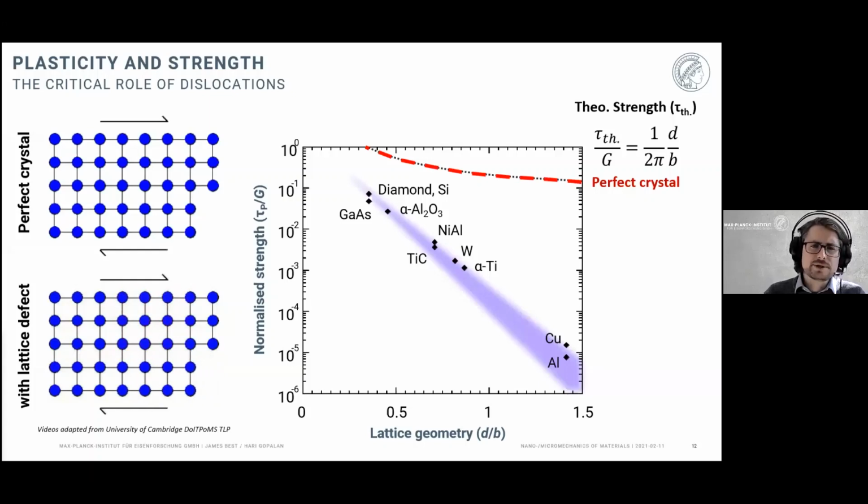And maybe you can imagine that it's much easier to move those defects through the structure than it is to continuously be breaking bonds across that slip plane. So therefore, the energy barrier for moving these dislocations or defects, which is called plasticity, is much lower when we have these defects within the structure.